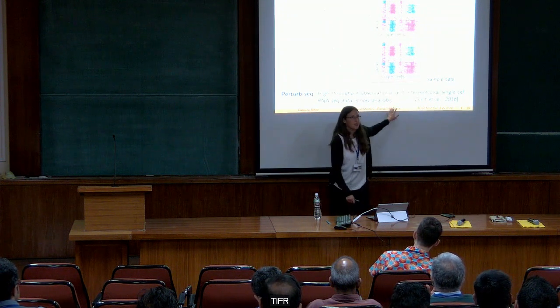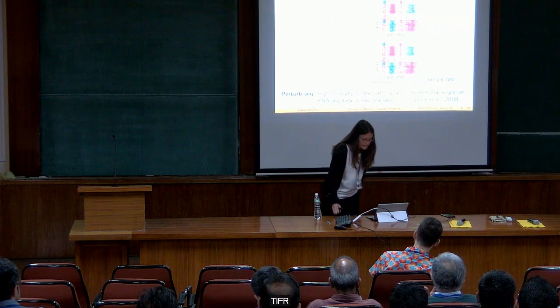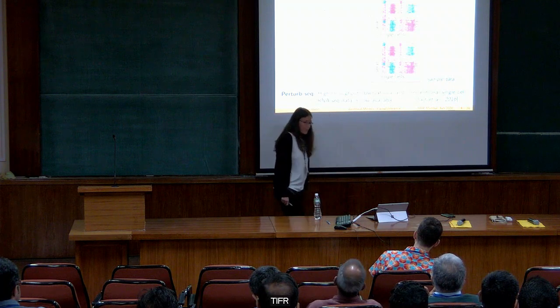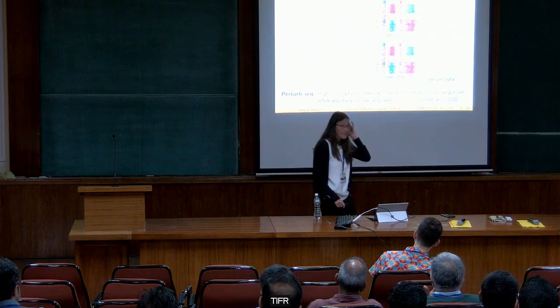It's not that you can intervene on 100 nodes at the same time, because then you just get a dead cell, and that doesn't tell you much. But still, the space is huge, right? 20,000 genes, and you can do combinations of interventions as well. So that's the kind of data that is available in many different areas nowadays. And so the question is, how can we use this in order to do causal inference? That's what I want to talk about in this lecture.